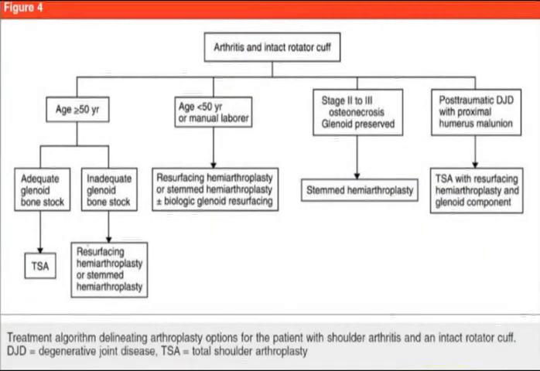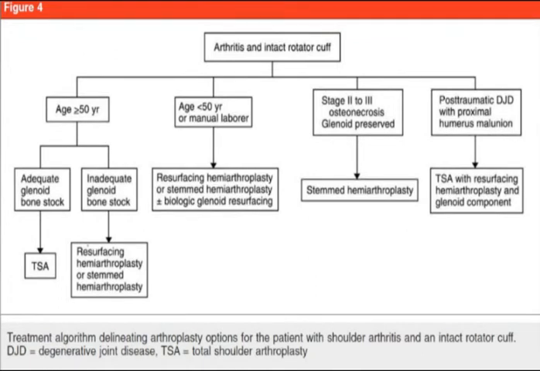Here is a quick algorithm about how to decide which option is the best surgical option for people who have arthritis and an intact cuff. It's based on the age, what sort of changes are in the glenoid, and also if there is any abnormality in the humerus. So if they are above 50 and there is adequate bone stock, it's easy, you can say that shoulder replacement is a good option.